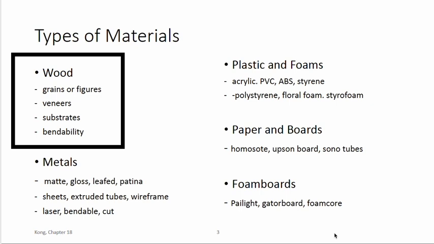Commonly used is wood because it's very easy to source. You can buy it anywhere, and it has a very natural touch and feeling to it, and people nowadays have a really nice and comfortable feeling towards wood materials.